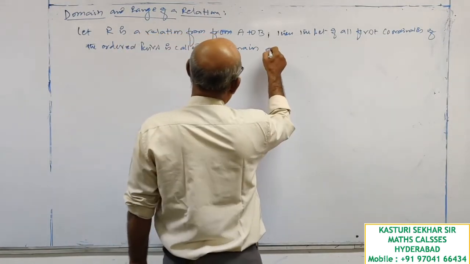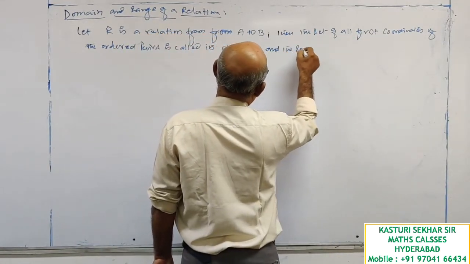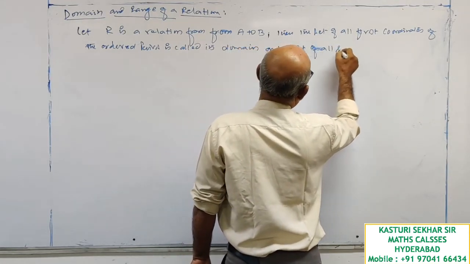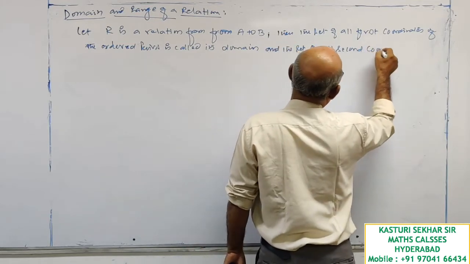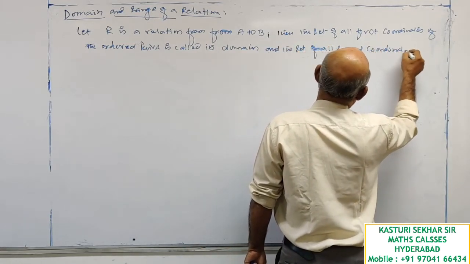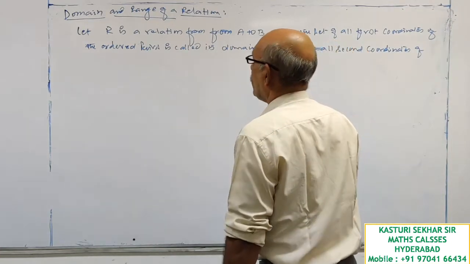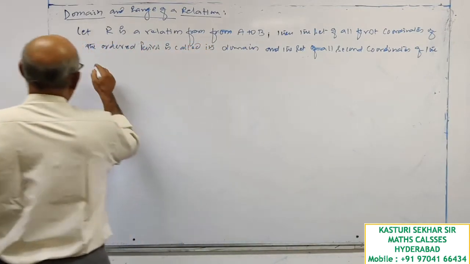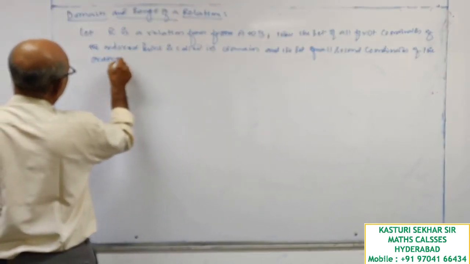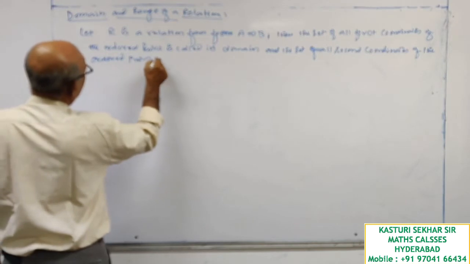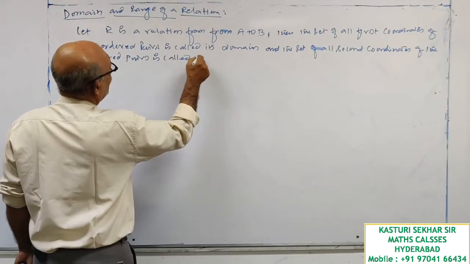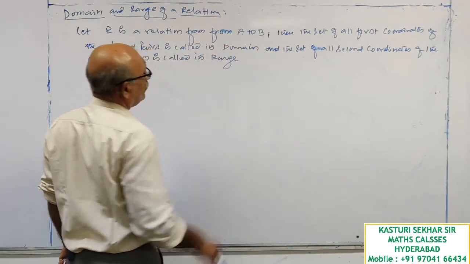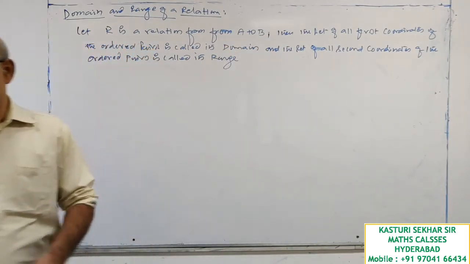And the set of all second coordinates of the ordered pairs is called its range. This is the proper definition.